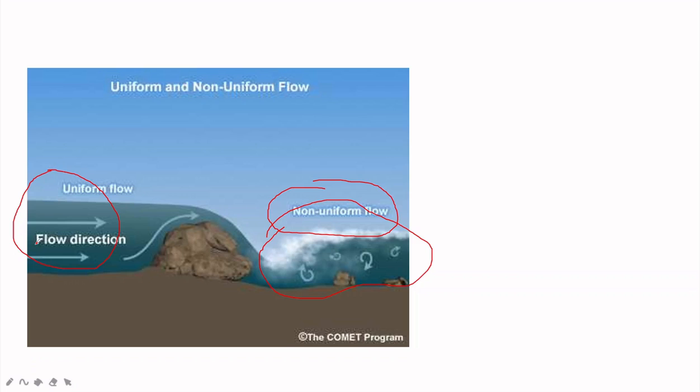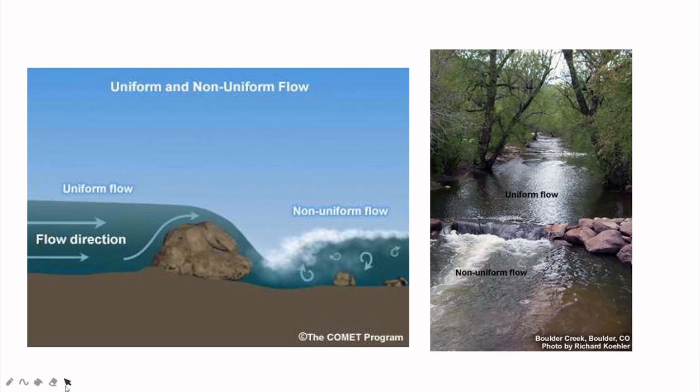We can take that as an example. Next, same here, uniform flow is there, and once it is obstructed here, non-uniform flow will happen. This is generally seen in every river. Fine, so uniform flow, non-uniform flow.